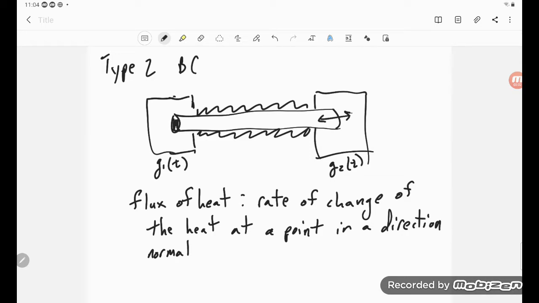As long as we're in real physical space, we could say perpendicular to the surface.